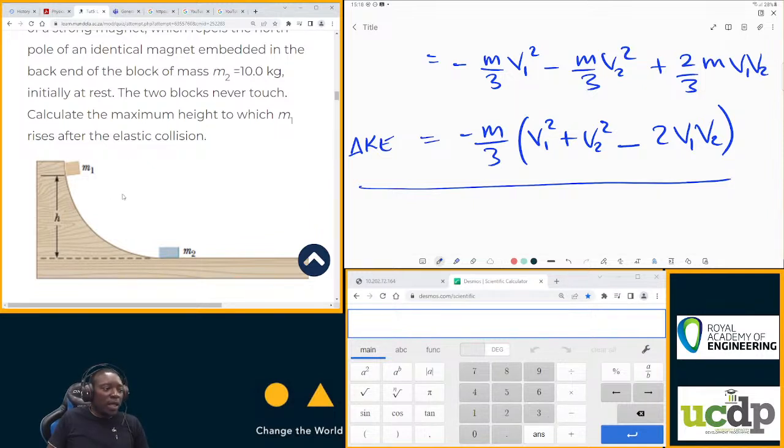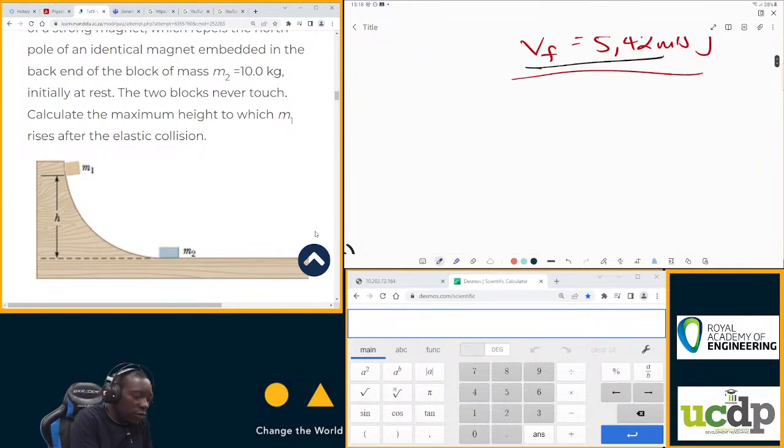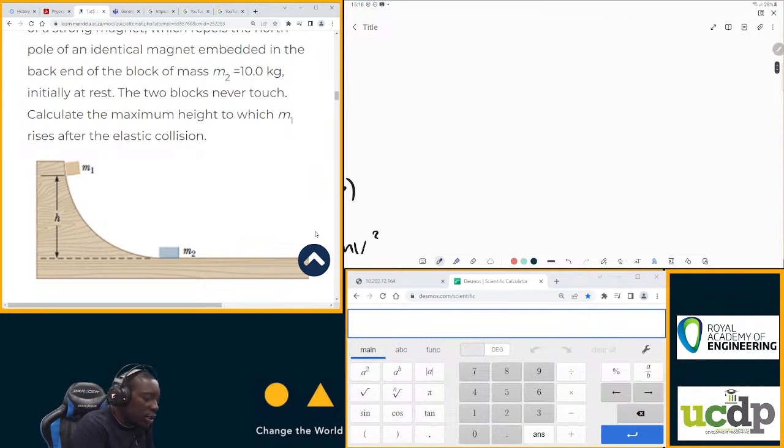So the first thing is to find the velocity with which the block M1 reaches the flat surface. We can do that using the same equation that we have been using throughout: all the potential energy is converted to the kinetic energy of this block. Let's call it V1, half m v1 squared is equal to mgh.